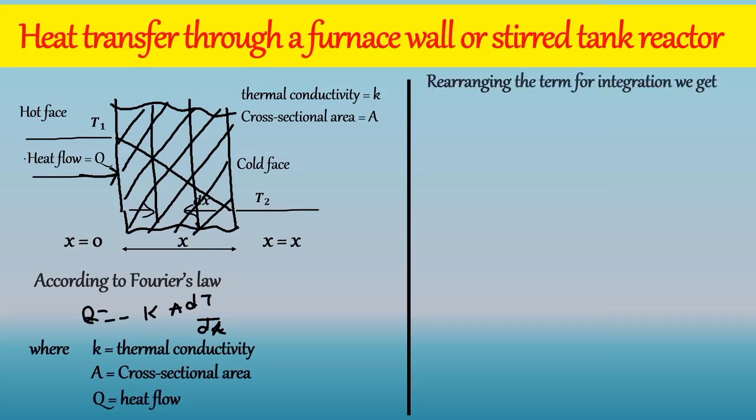Now, let's arrange the terms for integration in another form. Let's integrate the equation within the limits: when X is equal to 0, T is equal to T1, and when X is equal to X, T is equal to T2.